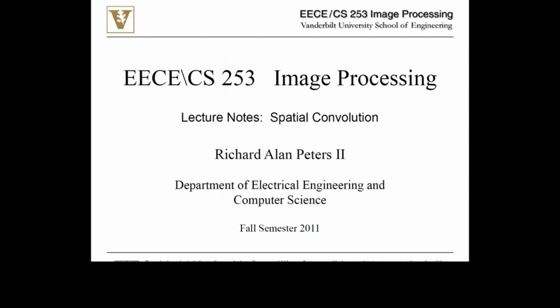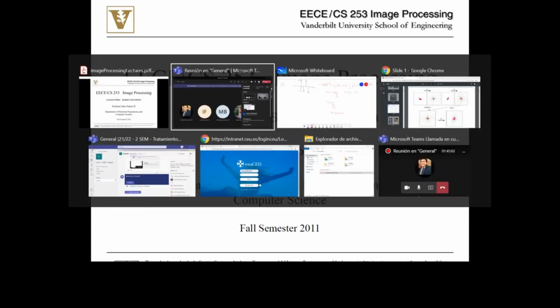No. Okay, so the Fourier transform is a tool that is very useful to deal with images, and probably one of the reasons is that it allows understanding the properties of many systems.